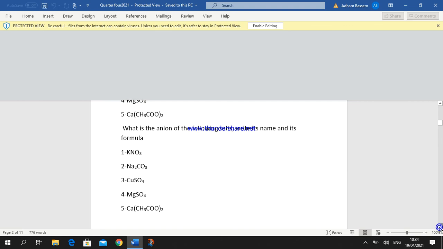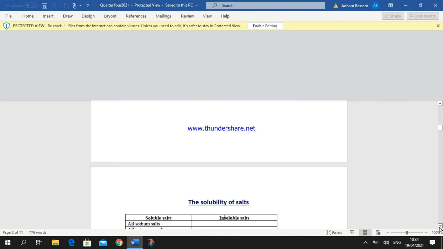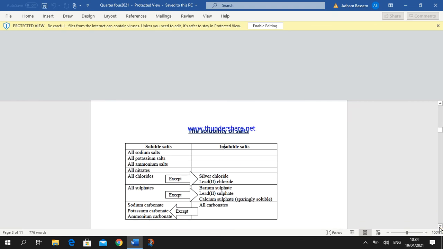Also, salts can be classified into two types according to their ability to dissolve in water: soluble salts and insoluble salts. Soluble salts can dissolve in water and form an aqueous solution, like all sodium salts, all potassium salts, and all ammonium salts.